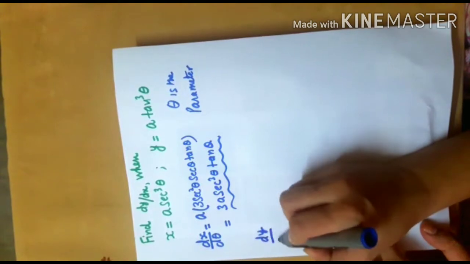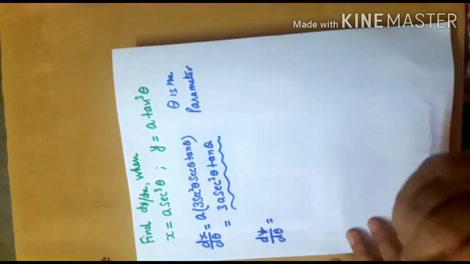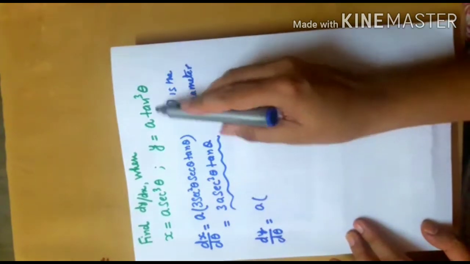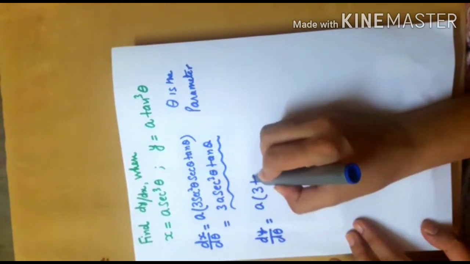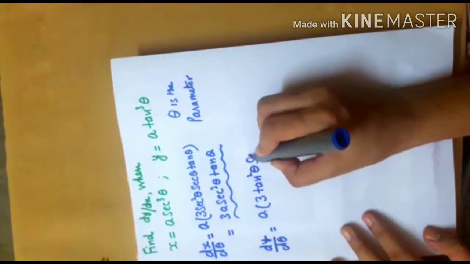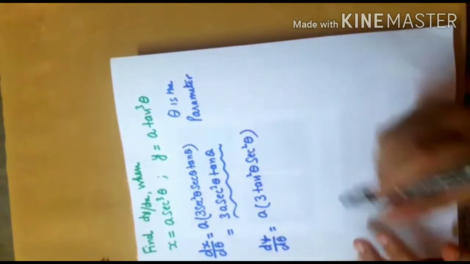Similarly, derivative of y with respect to the parameter, that is dy by d theta: a, derivative of tan cube theta, it's 3 tan square theta, and derivative of tan theta is secant square theta.